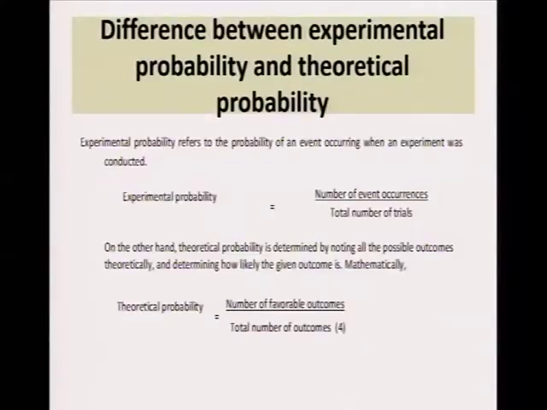Experimental probability, as an example, is equal to the number of event occurrences divided by the total number of trials, whereas theoretical probability is the number of favorable outcomes divided by the total number of outcomes. So know the difference between theoretical and experimental probability and be able to give mathematical examples to that effect also.